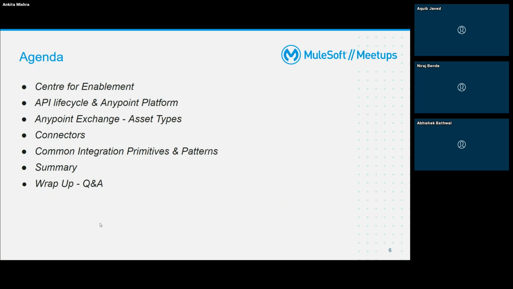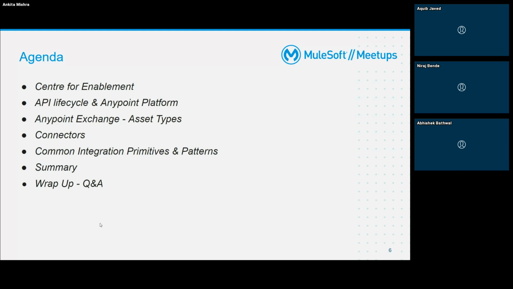So, the agenda for today's meetup would be to help you prepare for your MIA certification. Actually, this is the series that we are running for this particular group, where we will help you prepare for your MIA certification, which is nothing but MuleSoft Integration Associate certification.